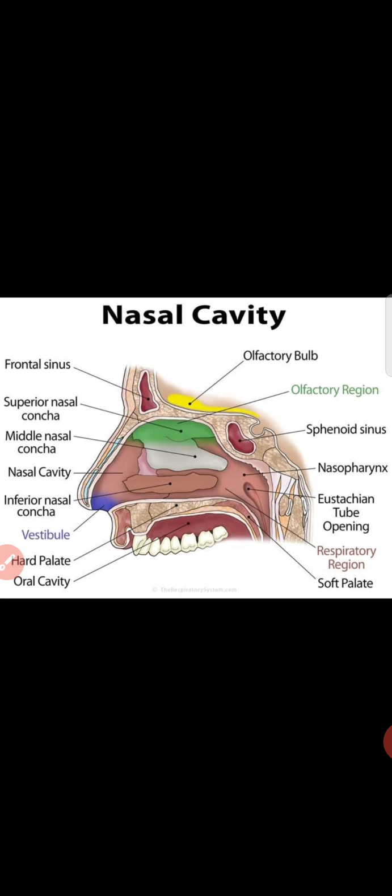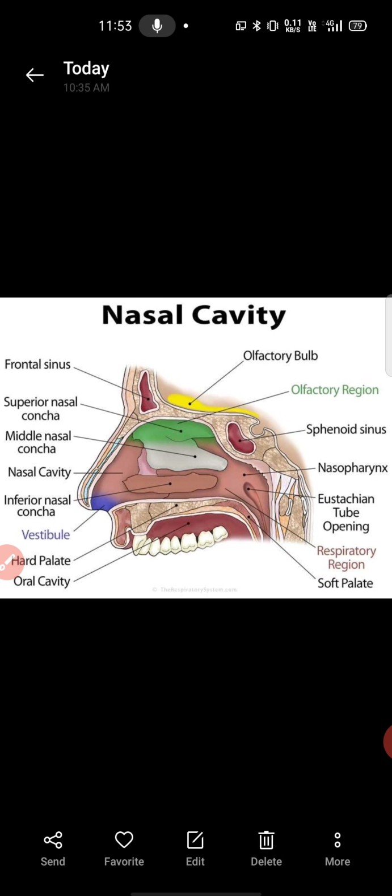So here we are discussing that the nose has two main functions: it participates in respiration, and it also gives the sense of smell, that is, olfaction. The area of olfactory epithelium is found in the upper nasal cavity.